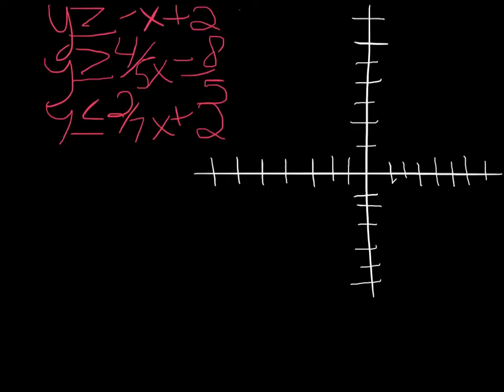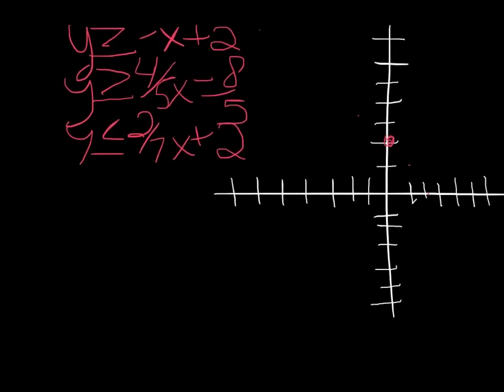Now for this first graph, it is negative x plus 2. So we're going to graph 2. And it's negative 1 over 1, negative 1 over 1, and you just draw the line.